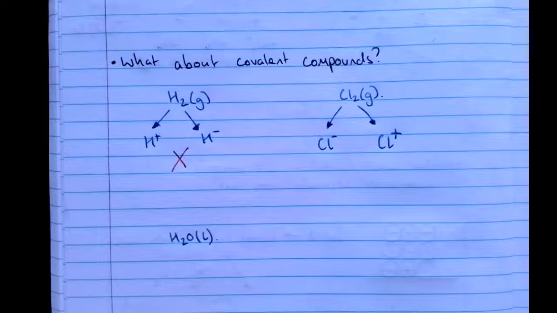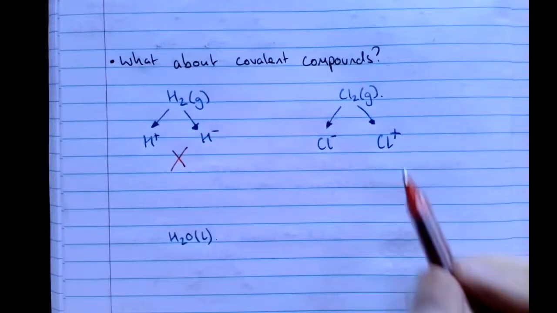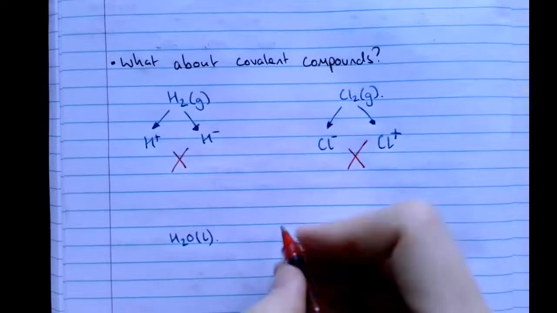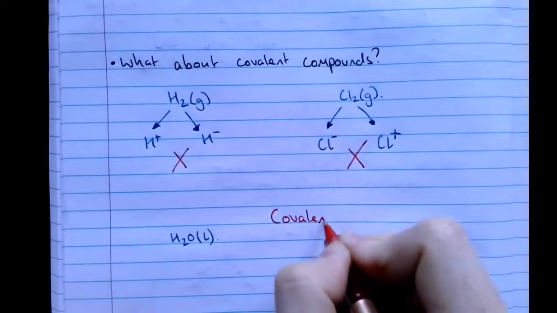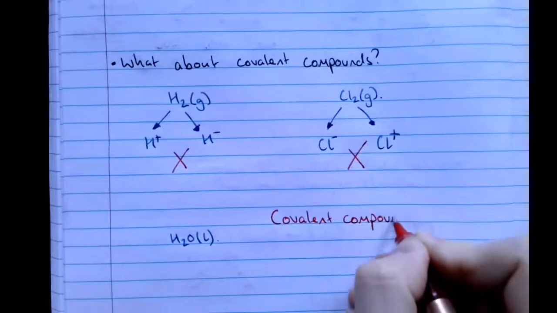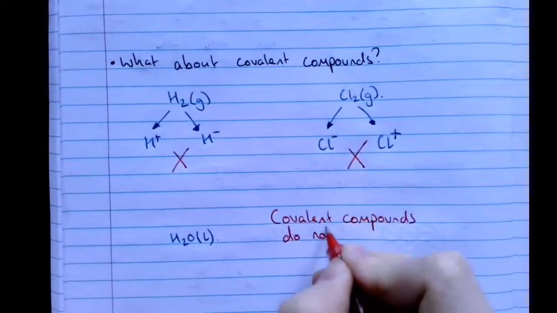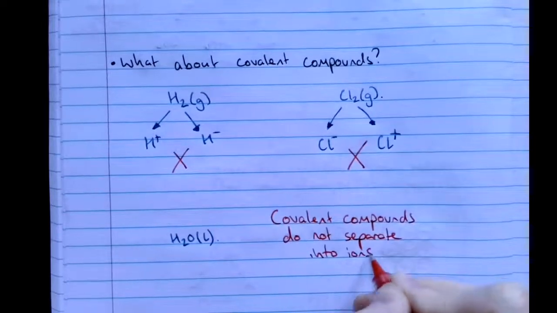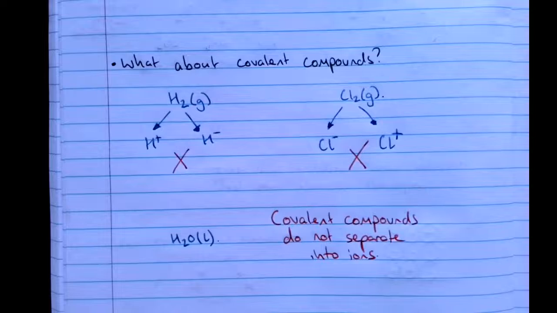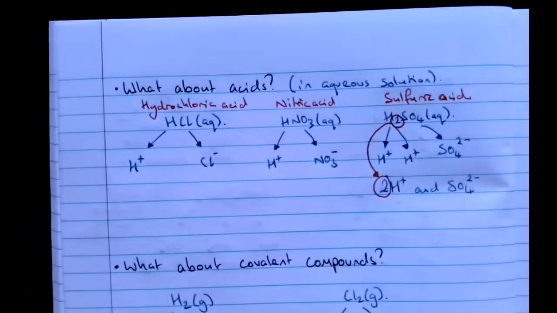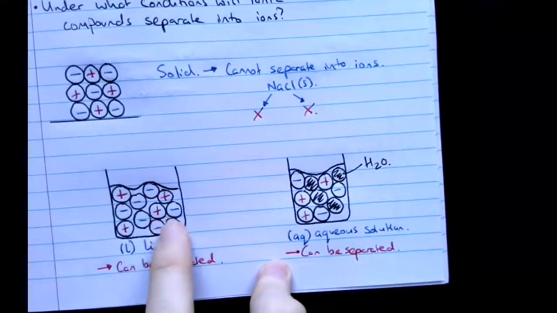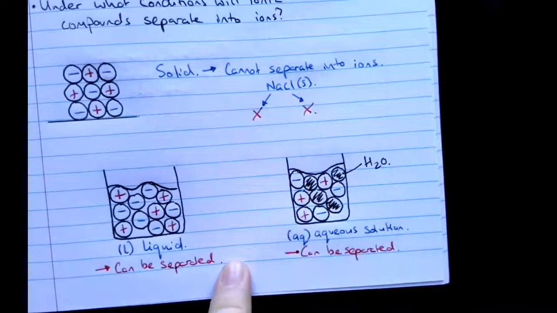And we know that chlorine doesn't do that, doesn't lose an electron to form a positive ion, so that can't happen. Okay, so covalent compounds do not separate into ions. Okay, what do separate into ions are acids in aqueous solution and ionic compounds which are molten or also in aqueous solution.